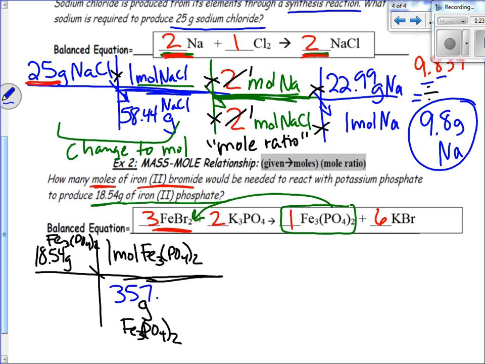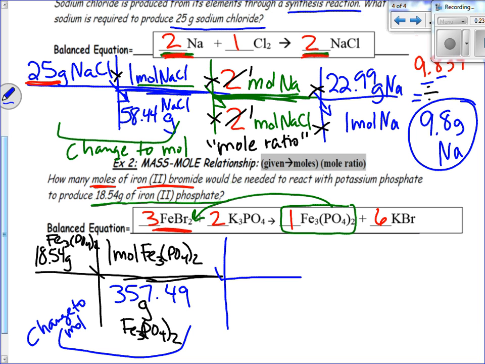Everybody's welcome to check though. Okay, so now once again we had to do that. Change it to moles. Now we can do what since we were at moles? We can do which step? Mole ratio. Very good. Exactly right.